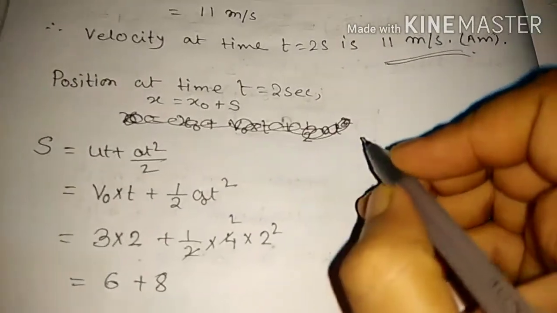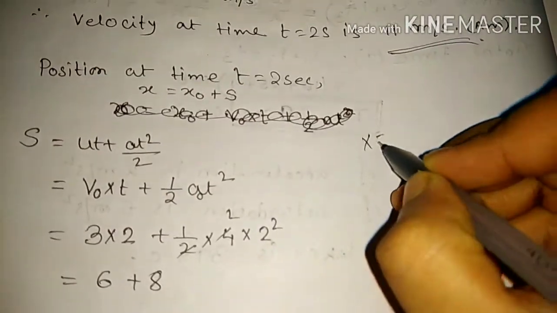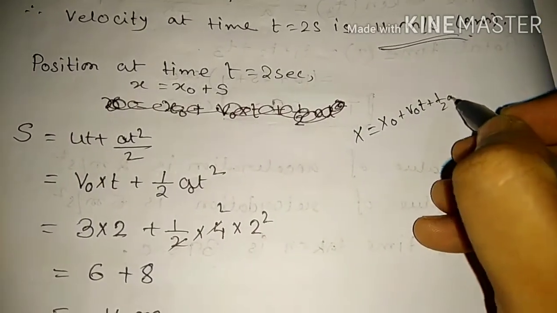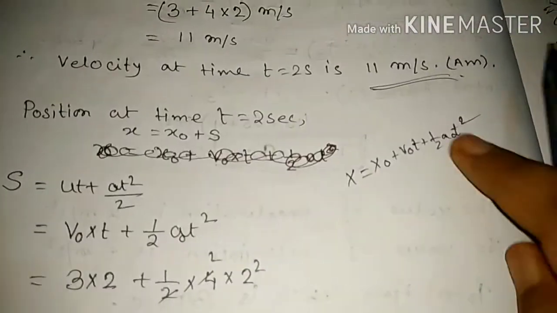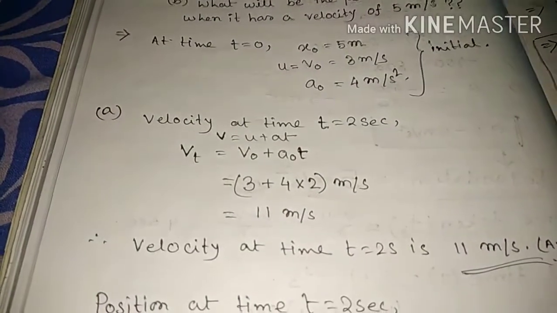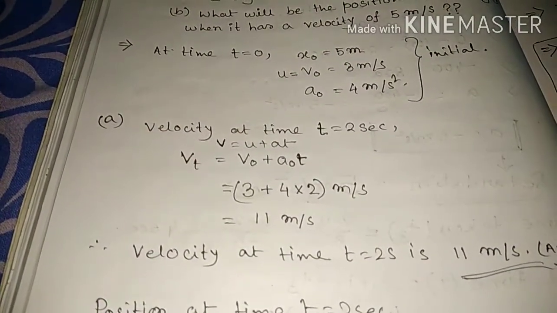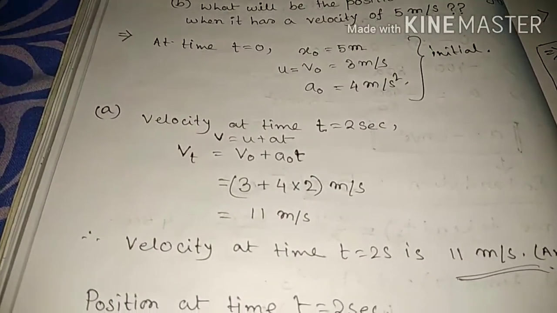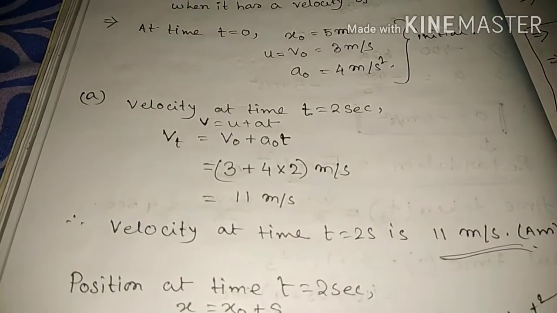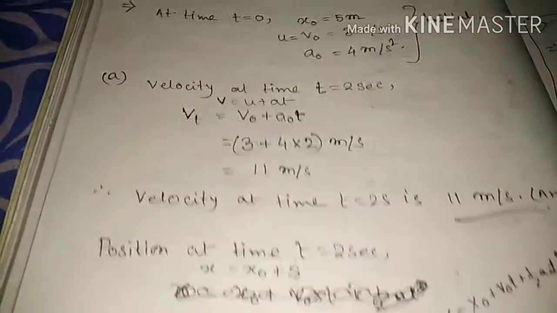That equation we use, x equals x0 plus v0 t plus half a0 t square. Here we denoted it by a0 because it is a uniform acceleration, so the acceleration value is the same in all cases. If you want to write a only, then also you can write a, otherwise you can write a0. It's okay, no problem.